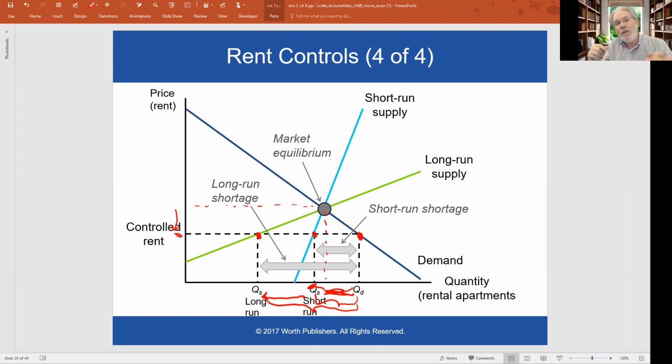But when you keep the price down, you are preventing that information from being signaled to producers. There's a great picture in the textbook of someone setting off a torch, a signal flare, to attract attention, and that's what prices do.